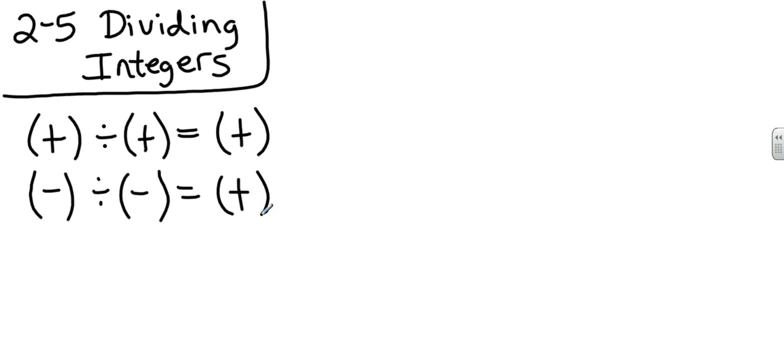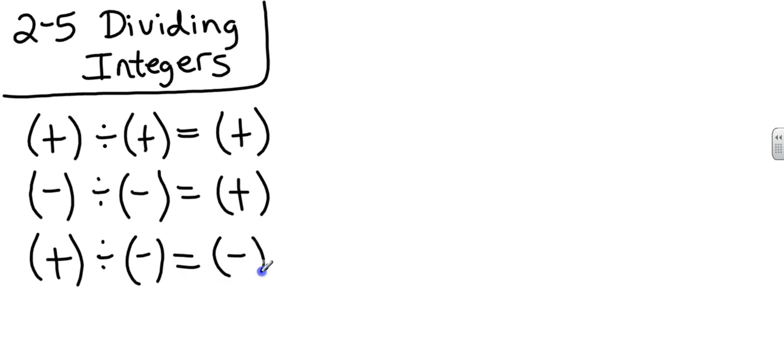Which leads us to the other two. If we have a positive divided by a negative, that's going to be negative. And then if we switched it to a negative divided by a positive, that would also be negative.